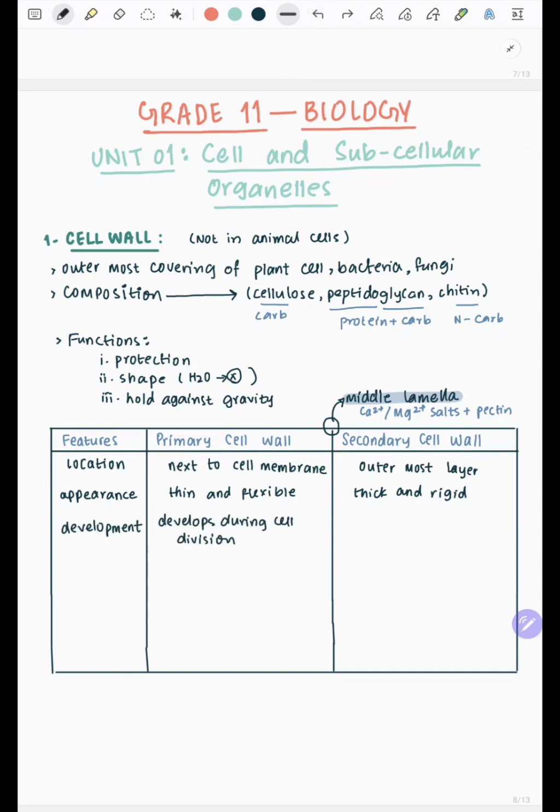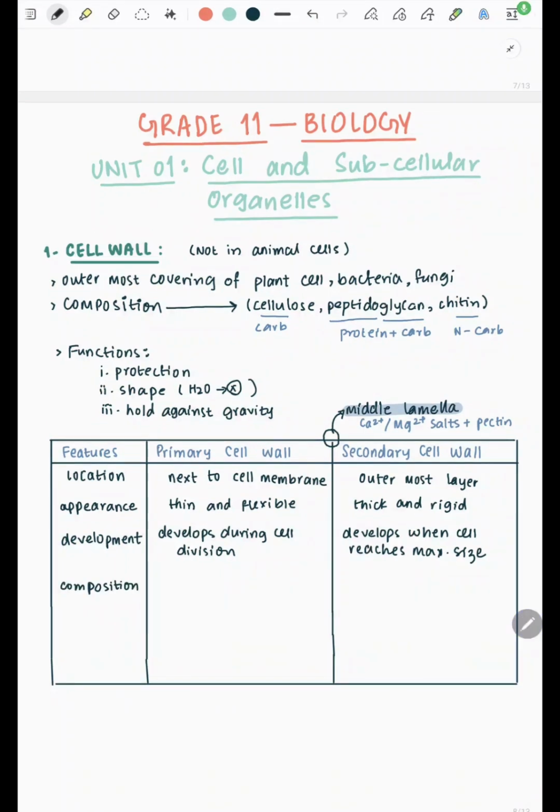The primary cell wall develops during the cell division, that is, it is important for the growth of plant, whereas the secondary cell wall develops when the cell reaches its maximum size. So after the development of secondary cell wall, cell cannot grow further. Next is the composition. The primary cell wall is composed of cellulose microfibrils, hemicellulose, and pectin, whereas the secondary cell wall is composed of cellulose, hemicellulose, lignin, inorganic salts, and pectin.